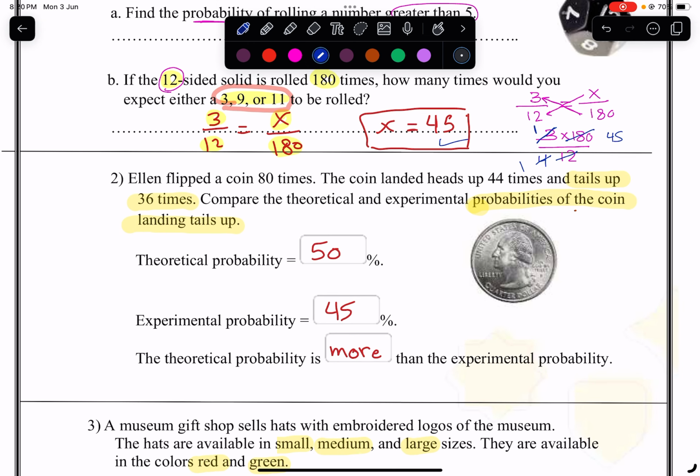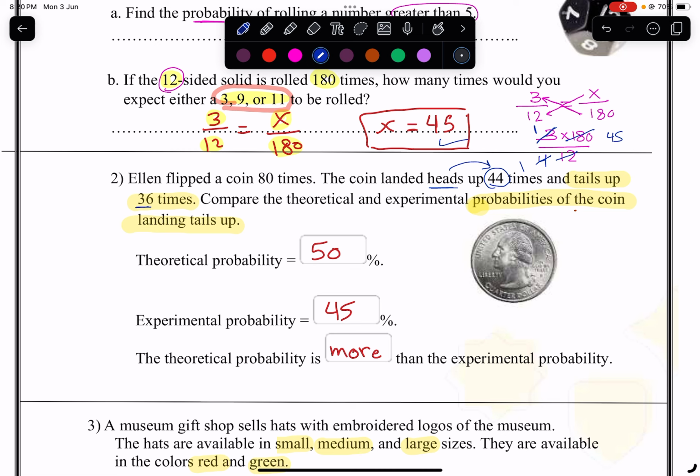Number 2. Ellen flipped a coin 80 times. The coin landed heads 44 times. You have a coin, we have head and tail. So, how many times you have head is 44 times, and tail 36 times.